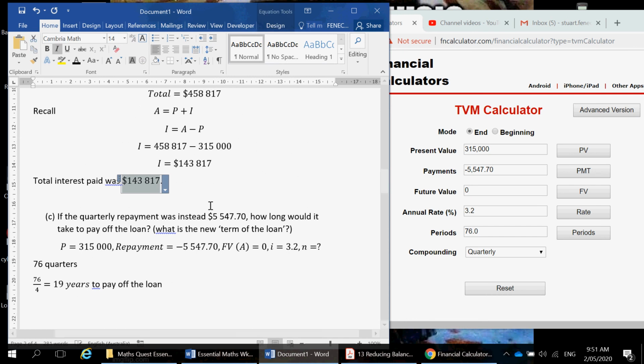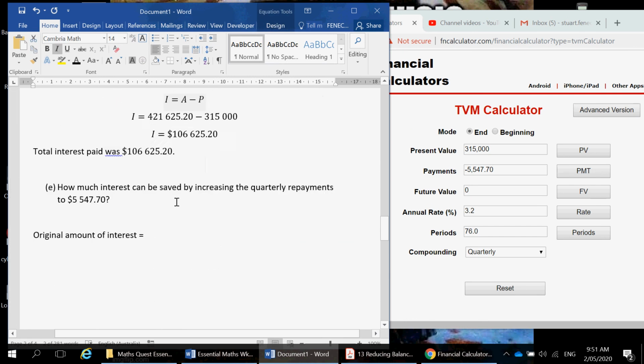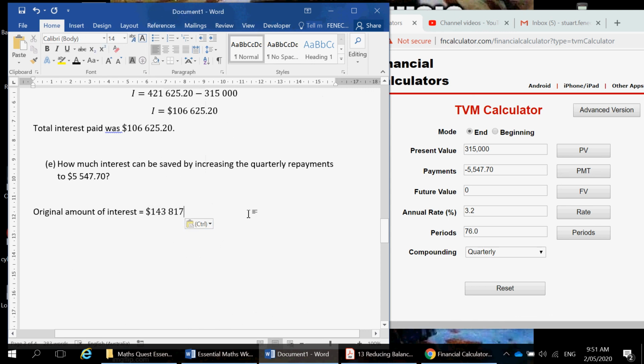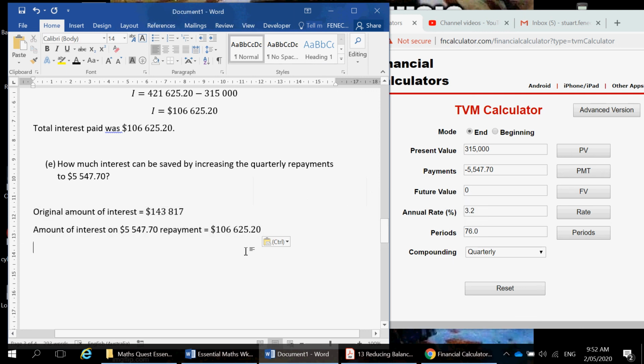We worked out that on the repayment amount of $4,588, that was the amount of interest that you would have to pay. So the amount of interest on the new repayment, we worked that out in the last section. All right, so that's the amount of interest you paid on the original quarterly repayments. This is the amount of interest you're paying on the new quarterly repayments.